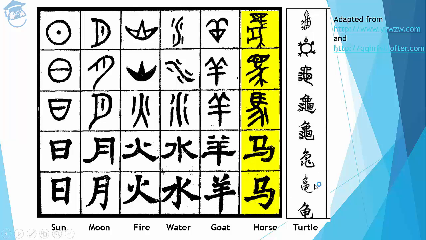And then another interesting example that I want to show you is turtle, because as you can see here, initially it has a head here, then a shell here, and a tail, and the legs are here. And today we have a word for turtle like this one. So I hope you find it interesting.